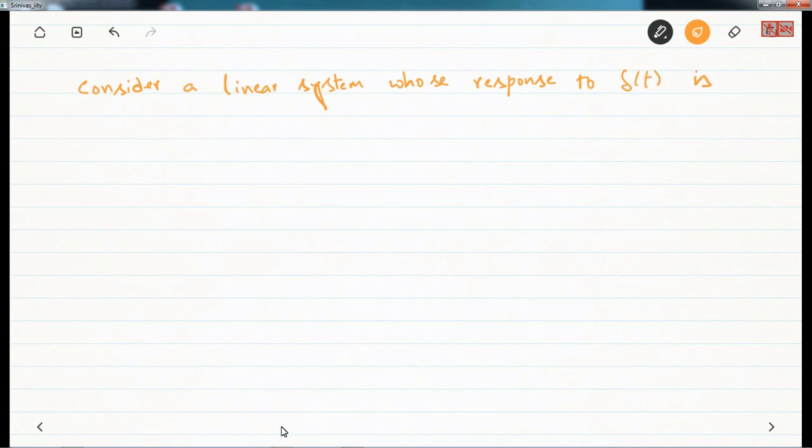Consider a linear system whose response to delta of t is h of t.